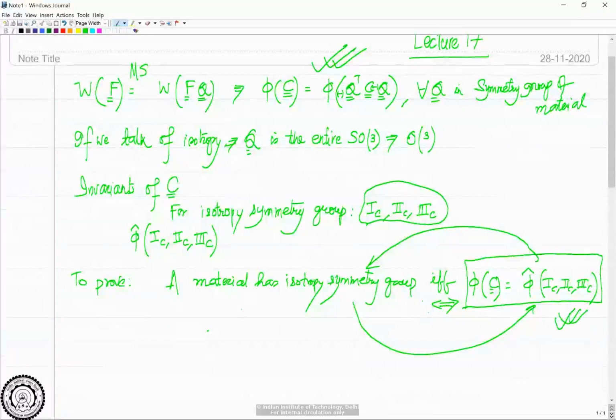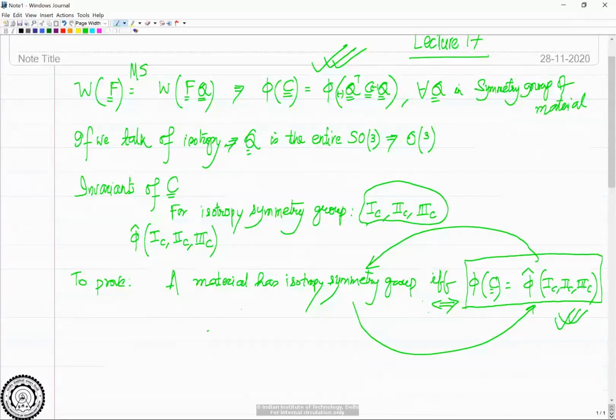You know, one of the ways is easier. Which way is easier? Can you think of which of the ways is easier to prove?